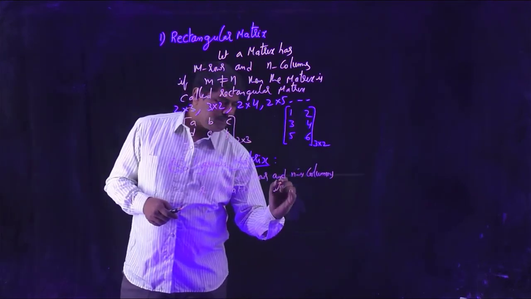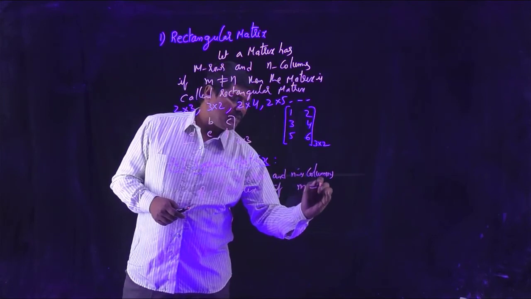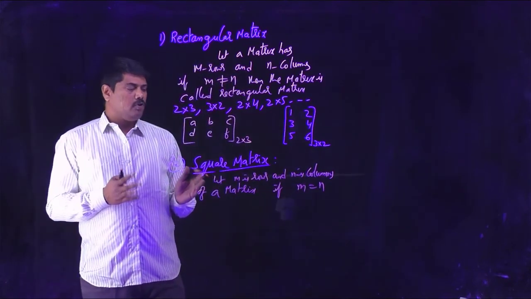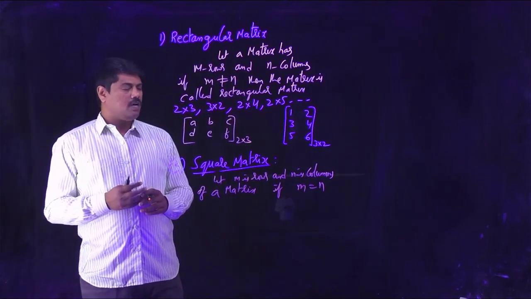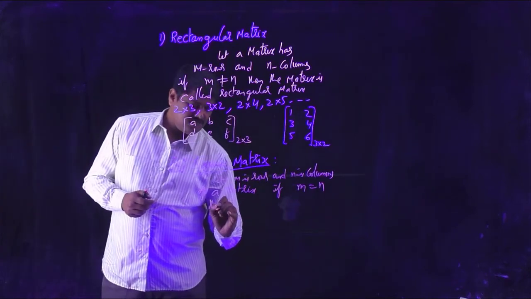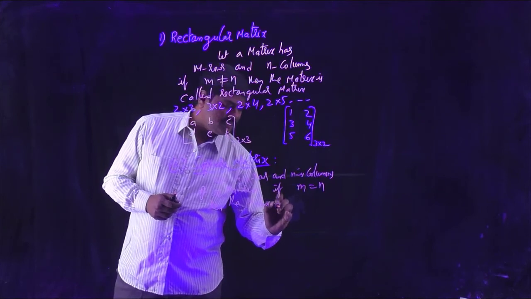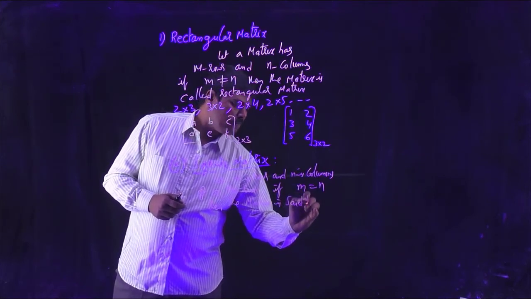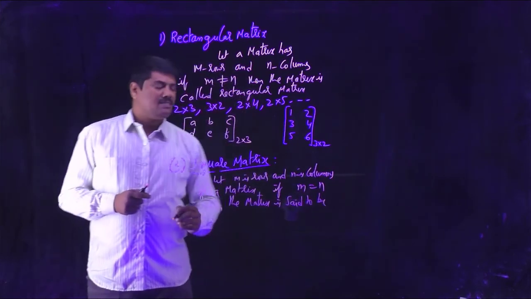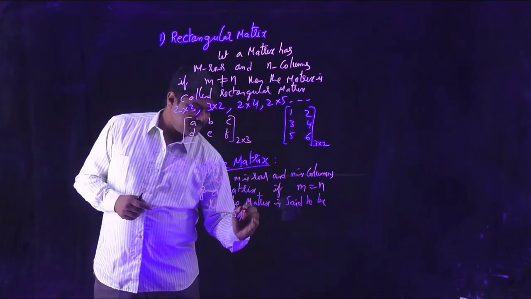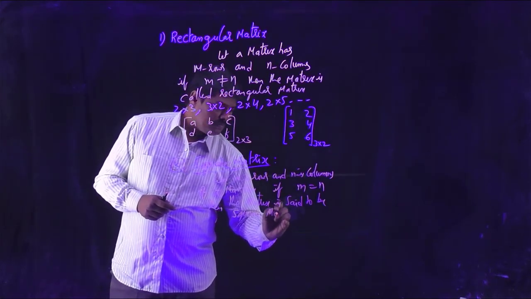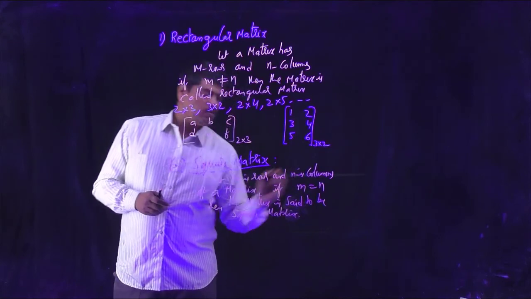If m is equal to n, that means the number of rows of the matrix is equal to the number of columns of the matrix, then the matrix is said to be a square matrix.